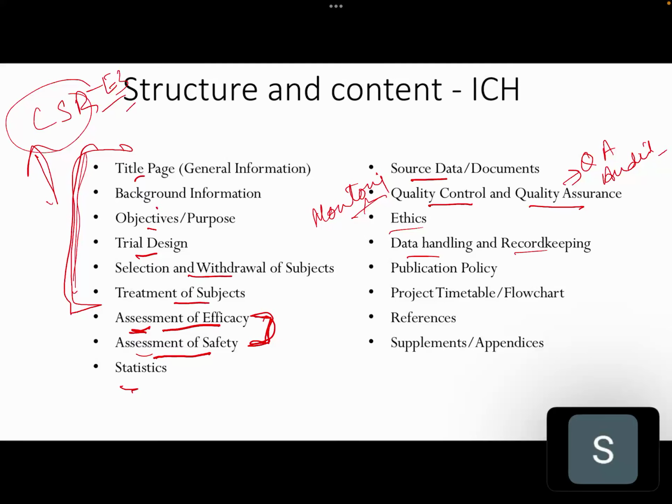Mostly, if you go to big sponsors, quality control, quality assurance, ethics, data handling, publication policy, mostly these stay the same. There are always minor changes. They are standard languages. So you know these sections will be popping up in your template. Project timelines and flowchart will be separate for each protocol. I will show you also. I have a dummy one. I will show you references and appendices.